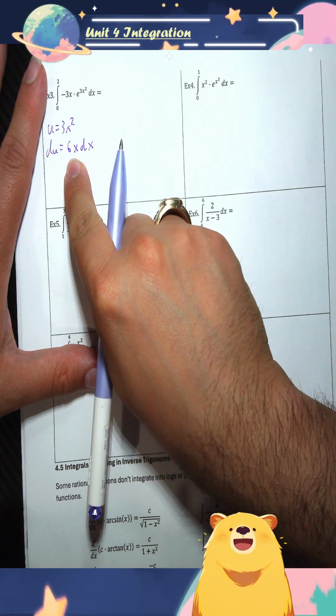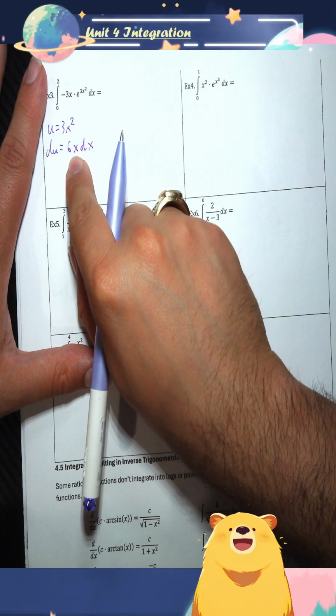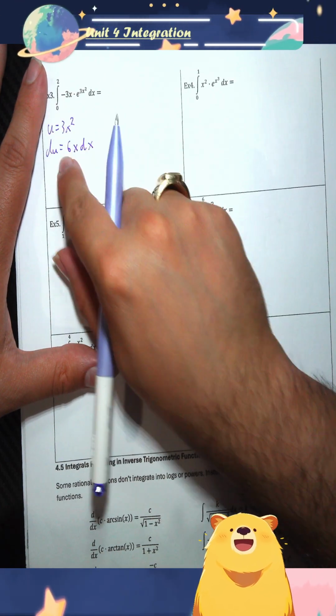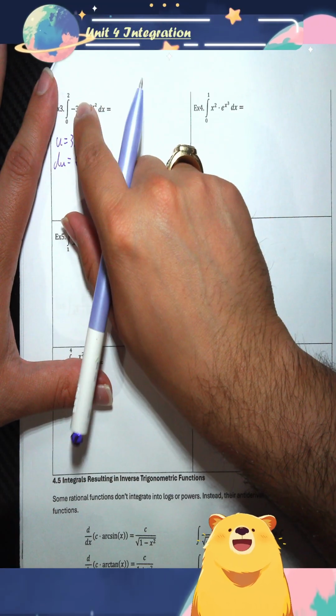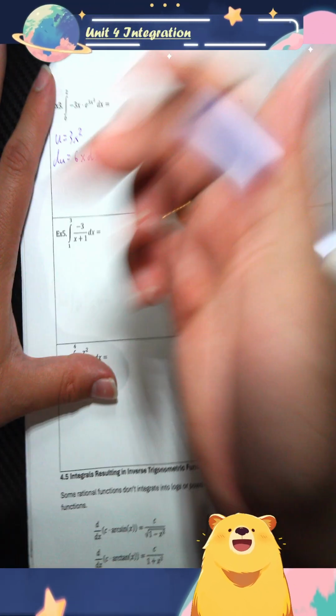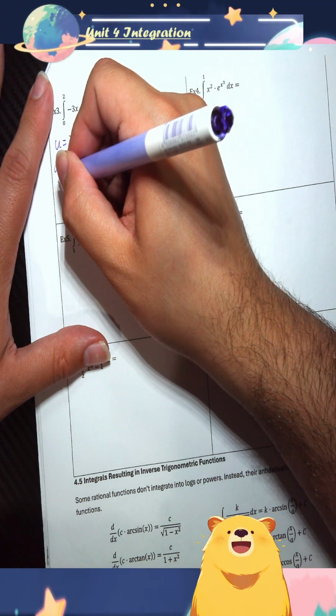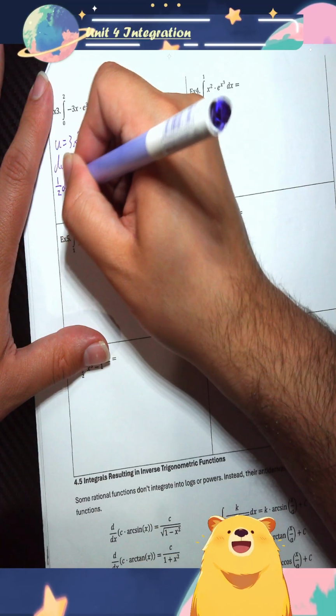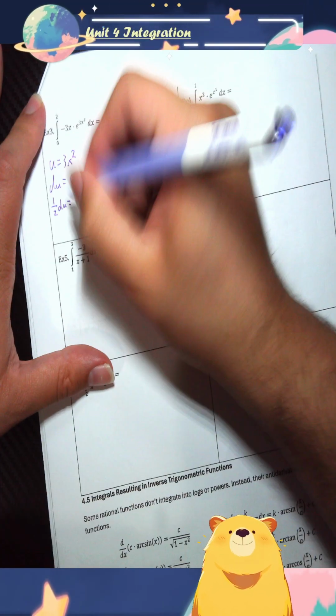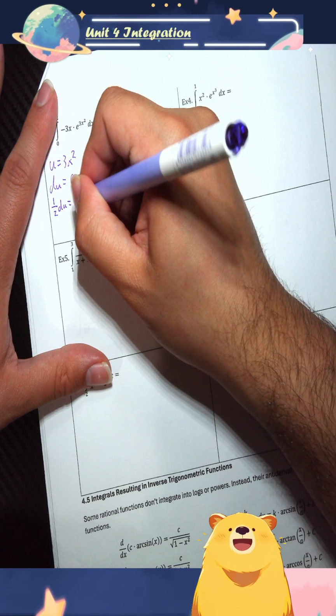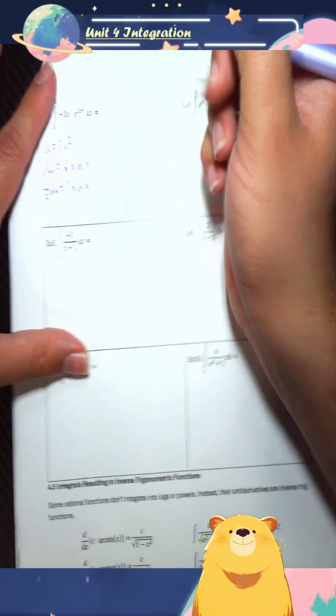So we see here that we can replace dx, we can replace x, but we can't replace 6. We have to make it appear. So you can manipulate here, manipulate here. I'm just going to choose to divide out the 2. So we have 1/2 du is equal to 3x dx.